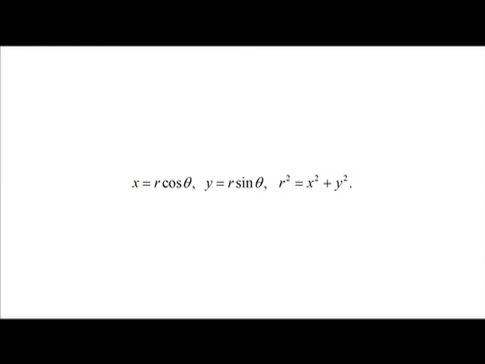Let (r, θ) be polar coordinates of the point (x, y) with r ≥ 0. Then we have x = r cos θ, y = r sin θ and r² = x²+y². Also, since r ≥ 0, we have r = √(x²+y²), so that r approaches 0⁺ if and only if (x, y) approaches (0, 0).